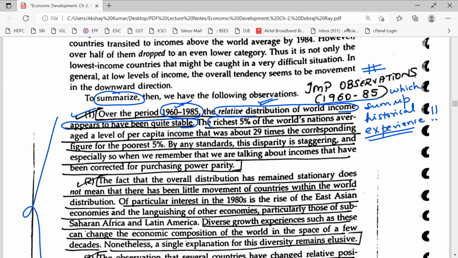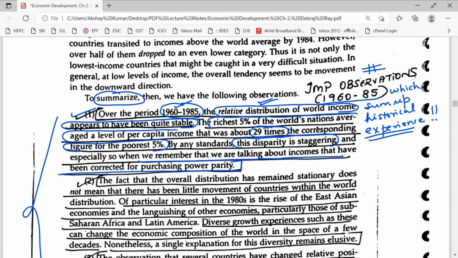The richest 5% of the world's nations averaged a level of per capita income that was 29 times the corresponding figure for the poorest 5%. That means the richest 5% of the nations have per capita incomes which are 29 times the per capita income of the poorest 5%. By any standards, this disparity is staggering. That means the inequality is very high, and especially so when we remember that we are talking about incomes that have been corrected for purchasing power parity.